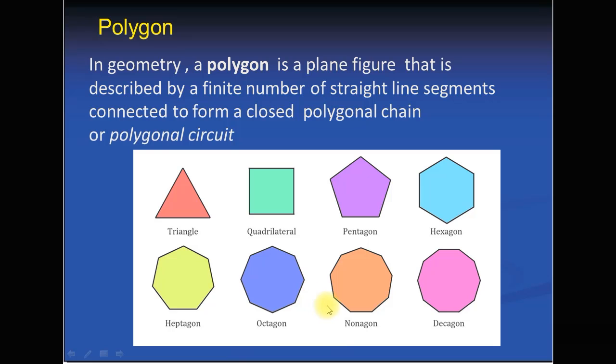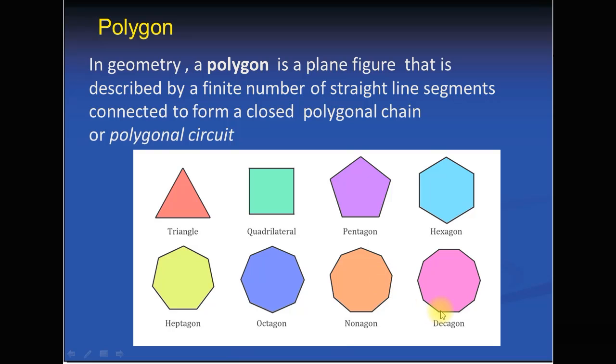And this is a nonagon. In nonagon there are 9 sides connected to form a closed polygonal chain. Side 1, 2, 3, 4, 5, 6, 7, 8 and 9. There are 9 sides connected to form a closed polygonal chain.